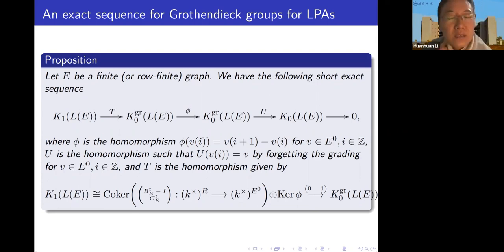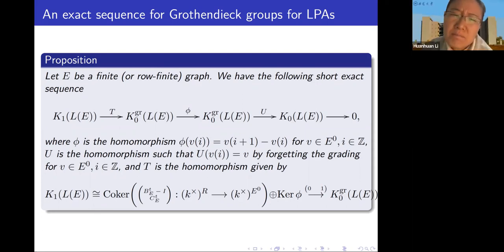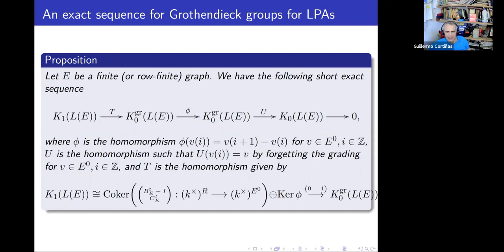Relating the graded Grothendieck group for strongly graded Leavitt path algebras to the non-graded one, right? Yeah, but here I don't know. I mean, there is such a sequence. Because phi is sigma minus the identity, right?